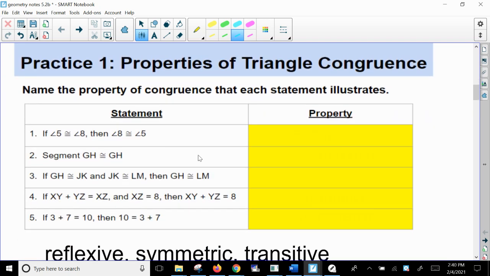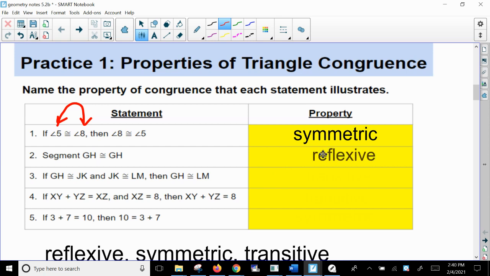Let's try some. So if angle 5 is congruent to angle 8, then angle 8 is congruent to 5. That would be the symmetric property because all they did was flip. Remember, symmetric means you just flip them around. Number 2, GH is congruent to GH. See how nothing changed? And there's only one item here. That's reflexive property.